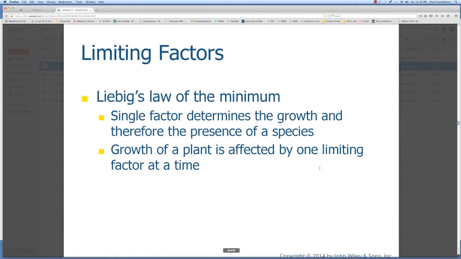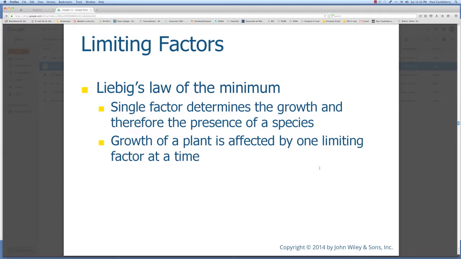Now there's this, you may have heard of this, I believe I have heard of this in the past, called Liebig's Law of the Minimum. And the way that works is that a single factor determines the growth and therefore the presence of the species. The growth of a plant is affected by one limiting factor at a time. So let's say your one limiting factor is a lack of phosphorus in the soil.